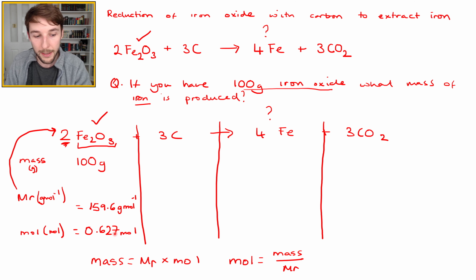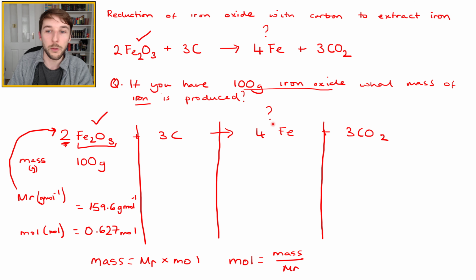I'm working with a decimal. So it's important that now what I do is I divide this number by the coefficient in its own column, and then multiply the answer to that by the coefficient that I've got in the target column I'm trying to get to. And in this case, that's iron, because the question was only about iron oxide and iron. It didn't care much for carbon and carbon dioxide.